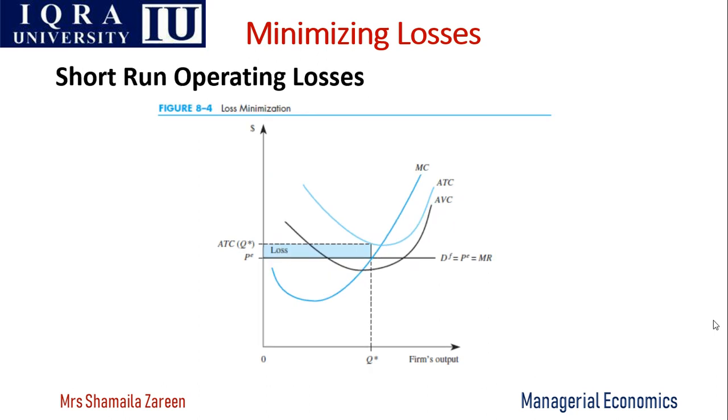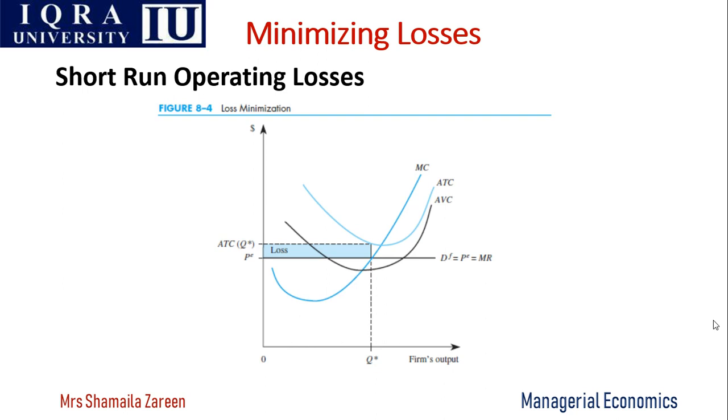In this diagram, in the previous diagram, they have shown that they have fixed cost that would have to be paid even if the firm decided to shut down its operation.